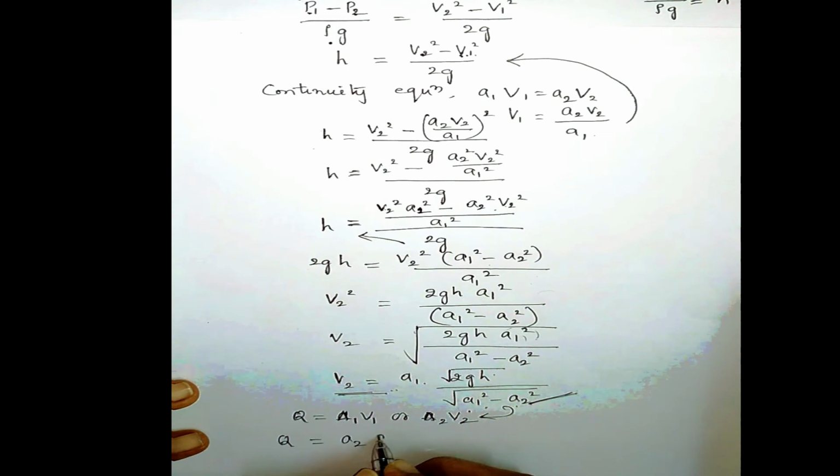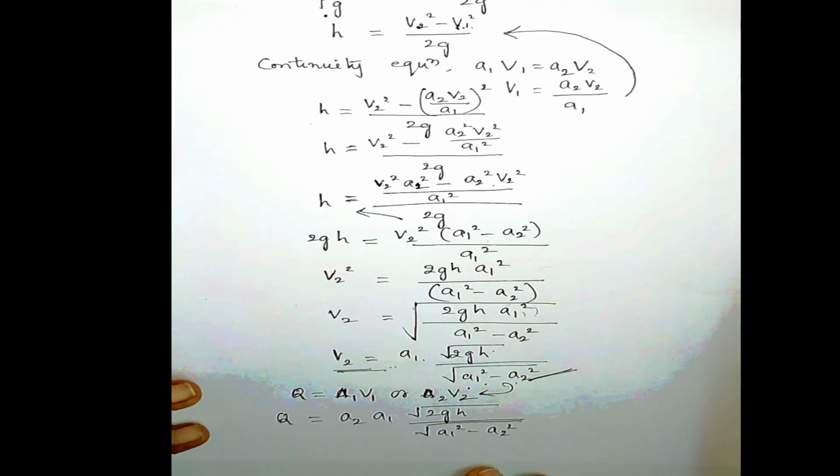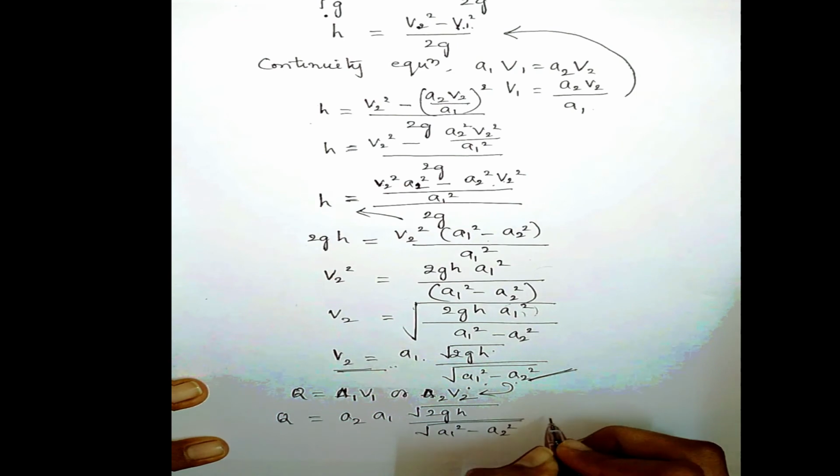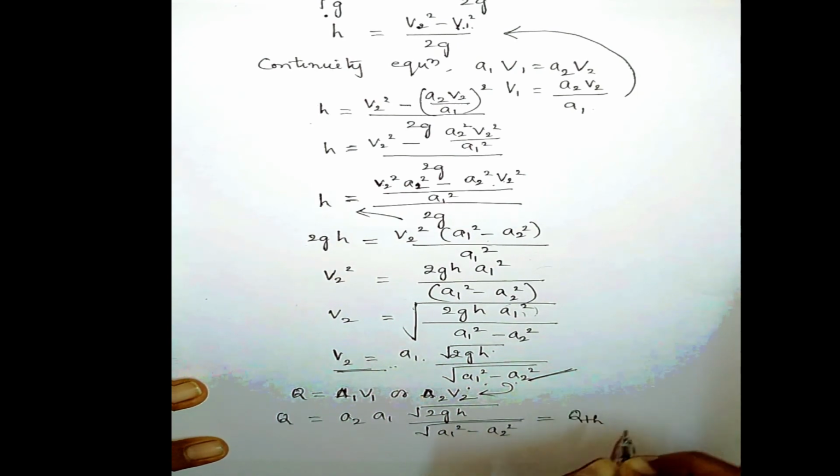Substituting this, the equation for discharge is Q is equal to A1 A2 root 2gH divided by the square root of A1 square minus A2 square, which is the theoretical discharge.